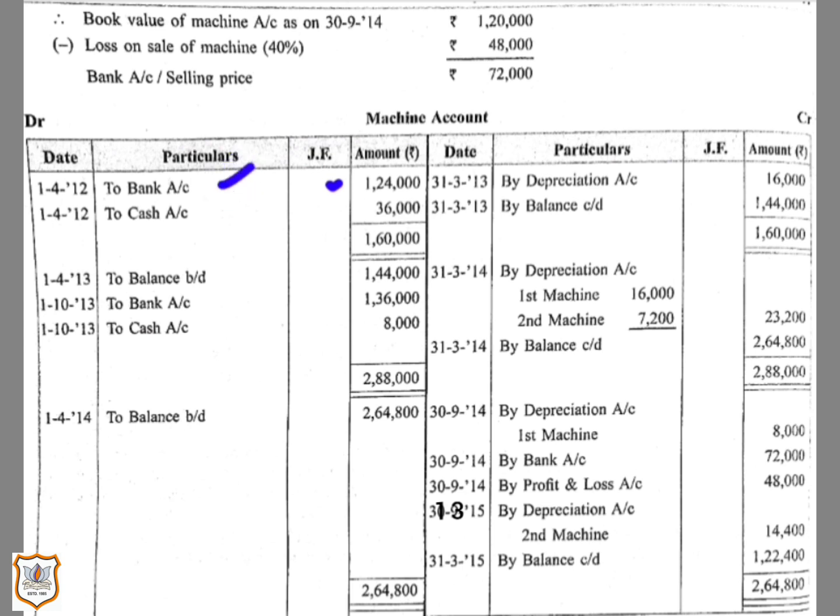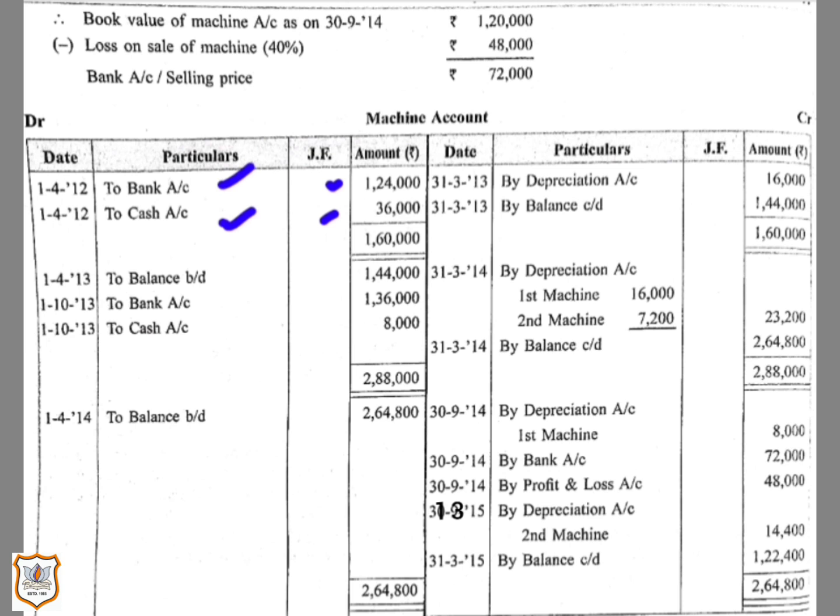And installation expenses and other expenses, that is 36,000, will also be recorded on the debit side, and in the particular column we will write to cash account. Date is 1st April 2012.